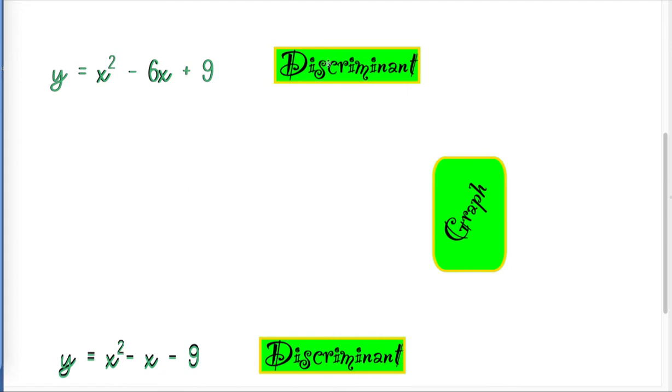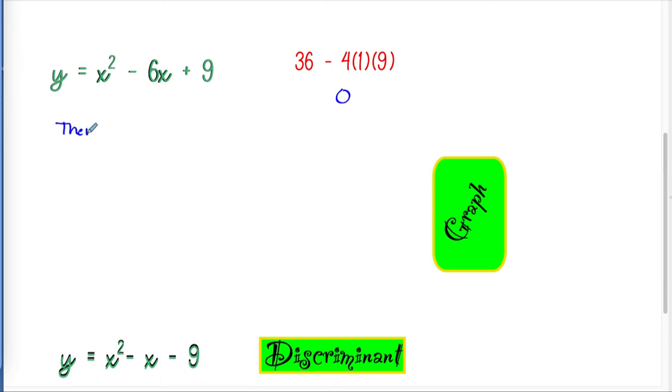If I take the discriminant of this one, I get b squared minus 4 times a times c. Well, that's 36 minus 36, so my discriminant equals 0. All right, so that was that one I was talking about. When it equals 0, there is 1 root.